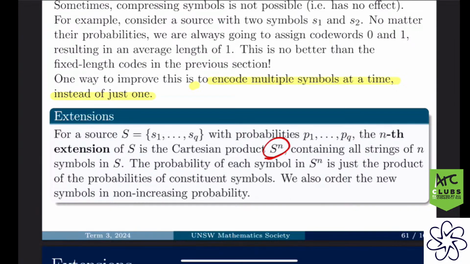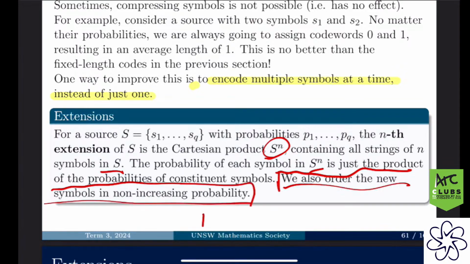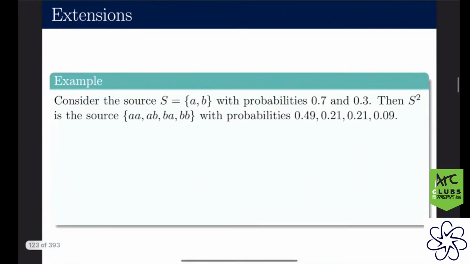It's the Cartesian product containing all strings of n symbols in S. The probability of each symbol is just the product of the probabilities of the constituent symbols. And we also order the new symbols in non-increasing probability, right? So that means we start off with the biggest and it goes down. Yeah, very, very natural.